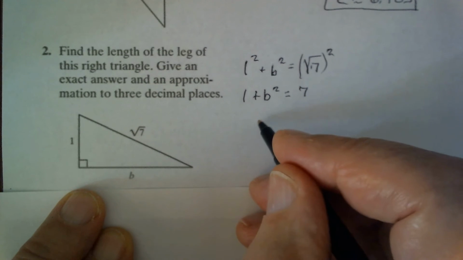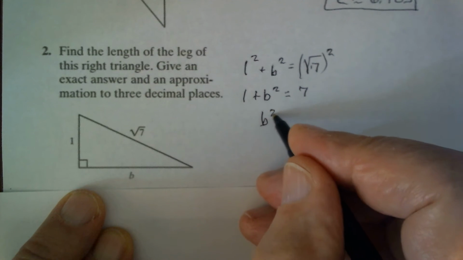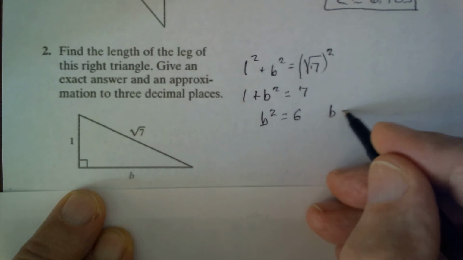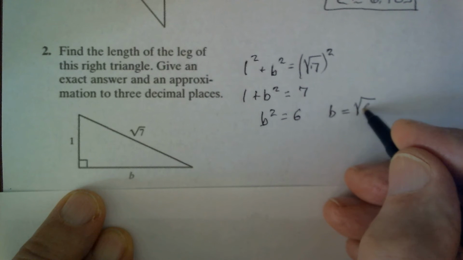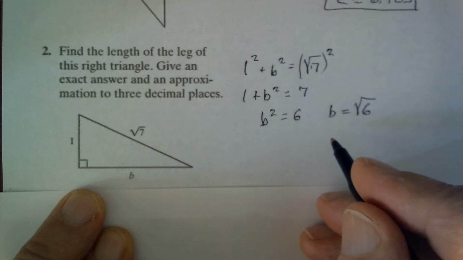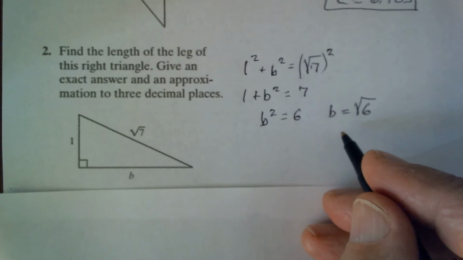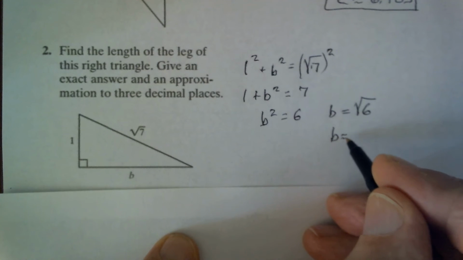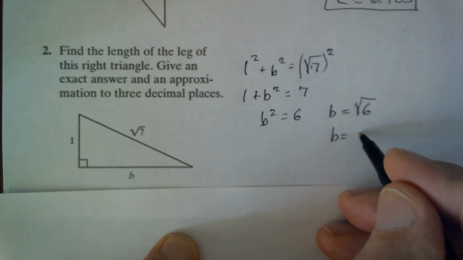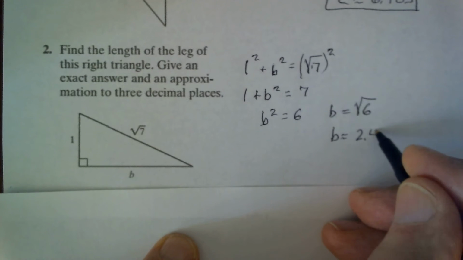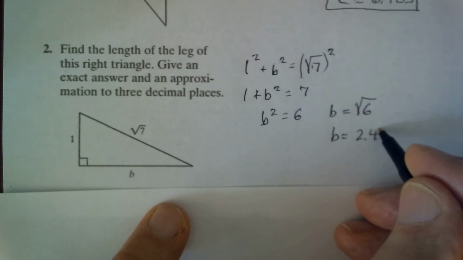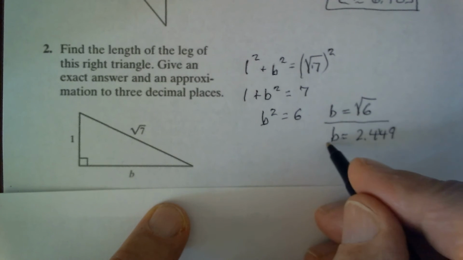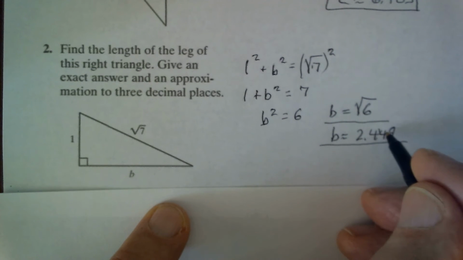So then b squared is equal to 6, or b is equal to the square root of 6. And then to 3 decimals, b is approximately equal to 2.449. So that's the approximation. This is the exact answer. This is the approximation.